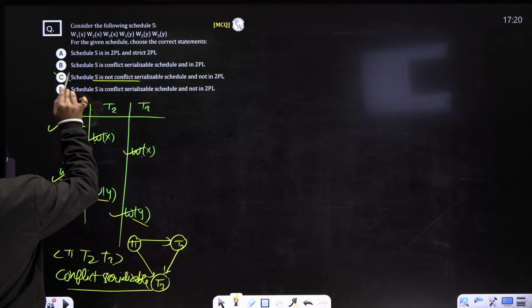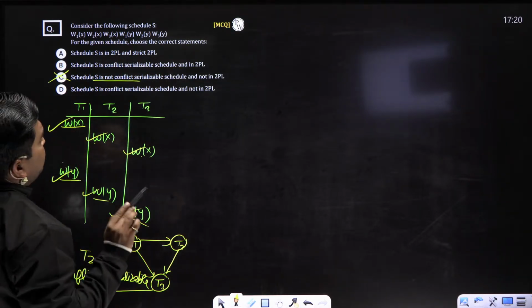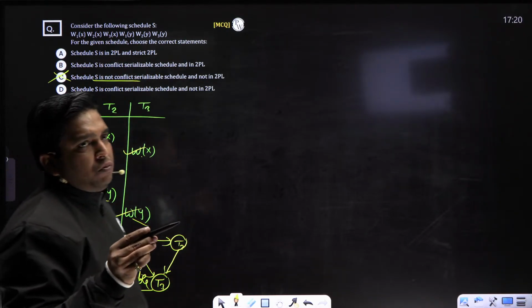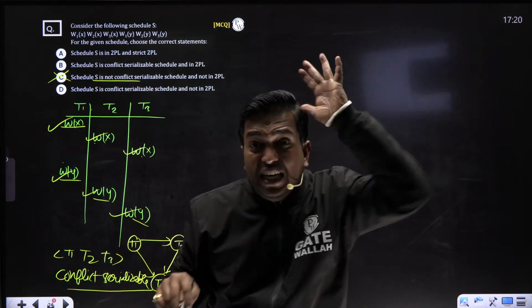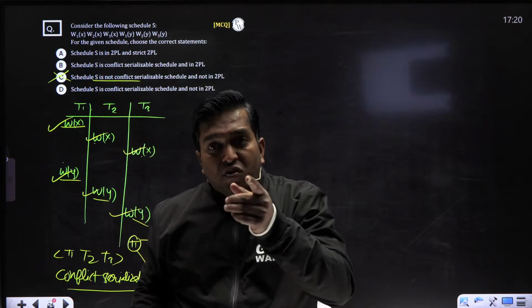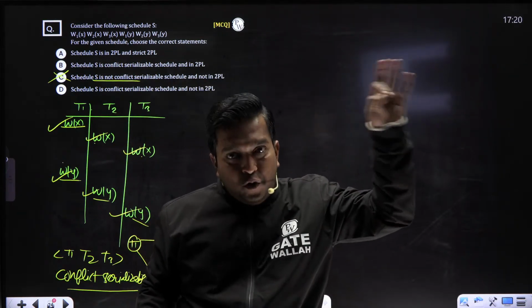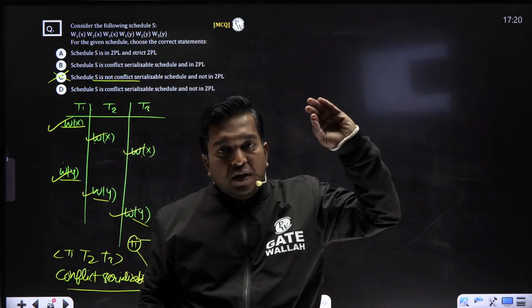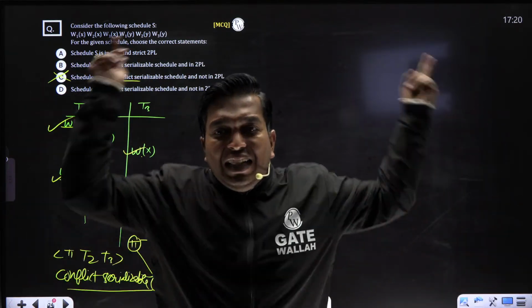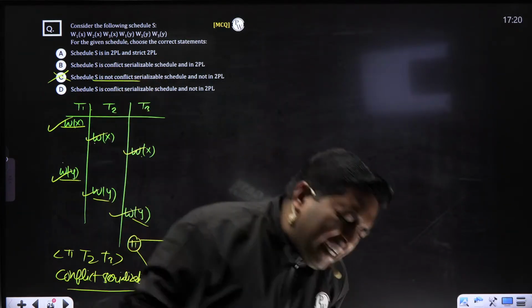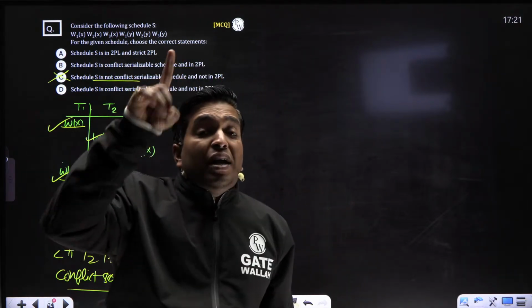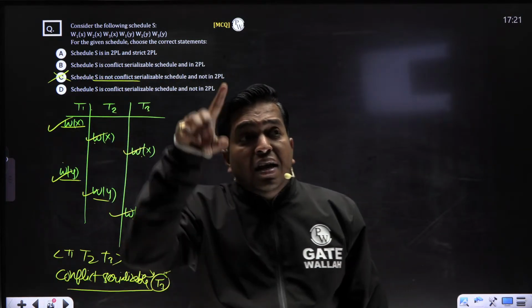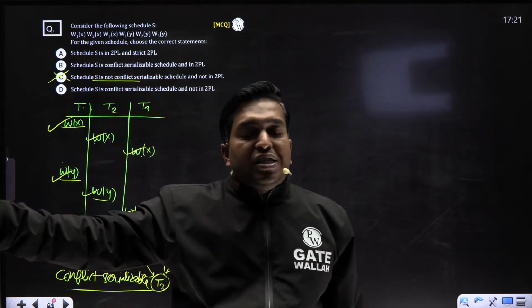Only you can neglect right now C option. Now we have to check 2PL. Now listen everyone, I told in crash course, if you are able to apply 2PL, then definitely it is conflict serializable.